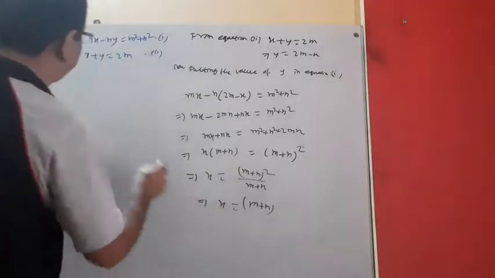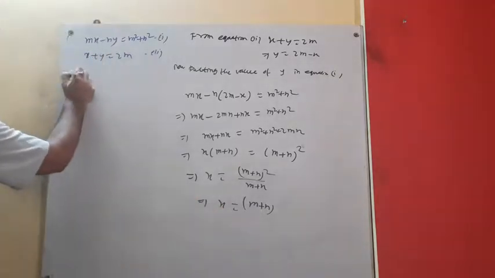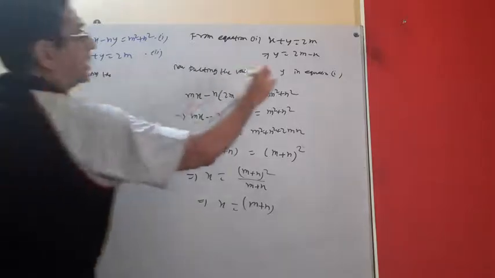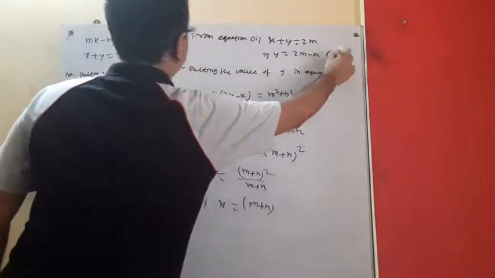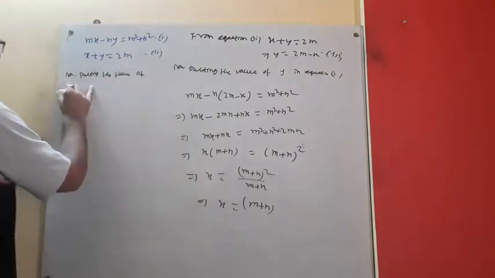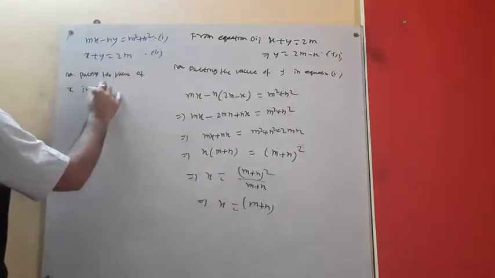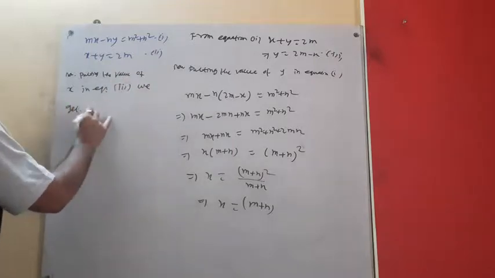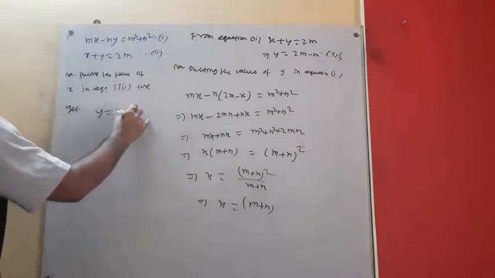Now putting the value. This is equation 3. Now putting the value of x in equation 3, what are we getting? y equal to 2m minus x.